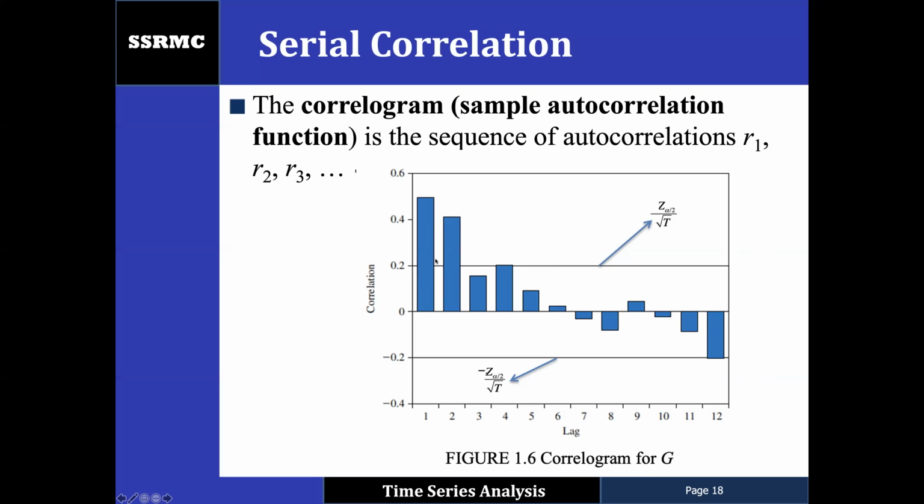You just compare the correlation coefficient with the boundary to see which ones are beyond it. Those are the significant lags, and you have the same conclusion as before from the formula alone. So we have lag 1 and lag 2 with significant autocorrelation coefficients. That's a correlogram.